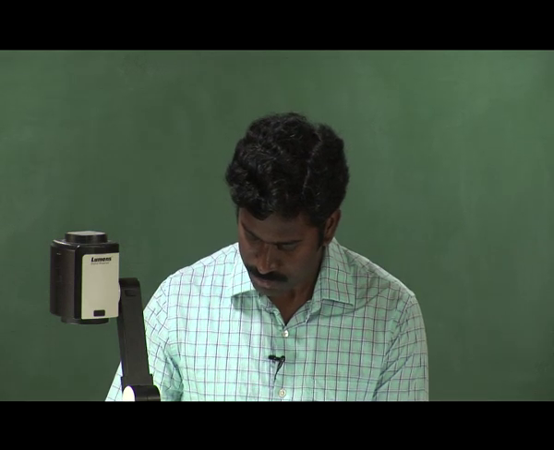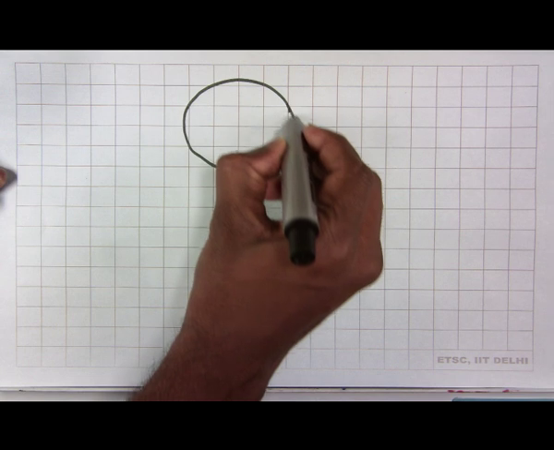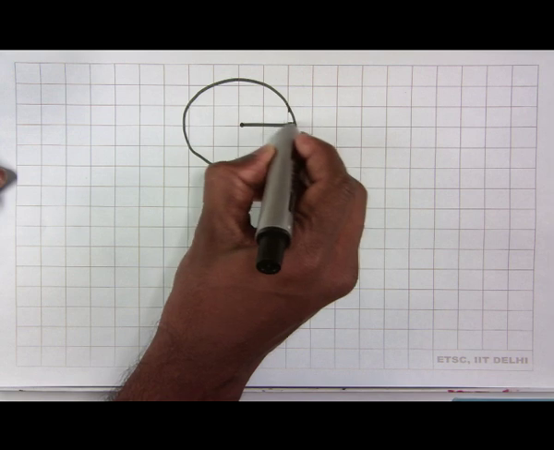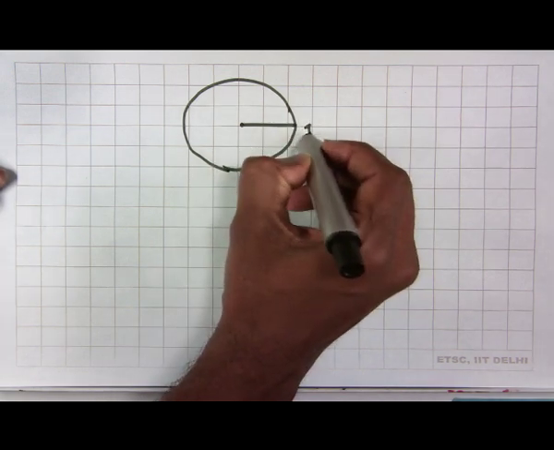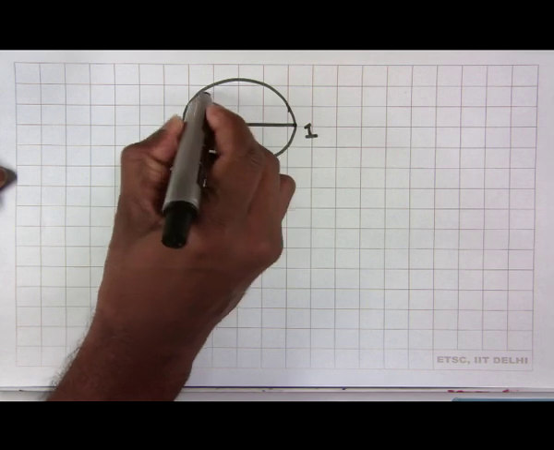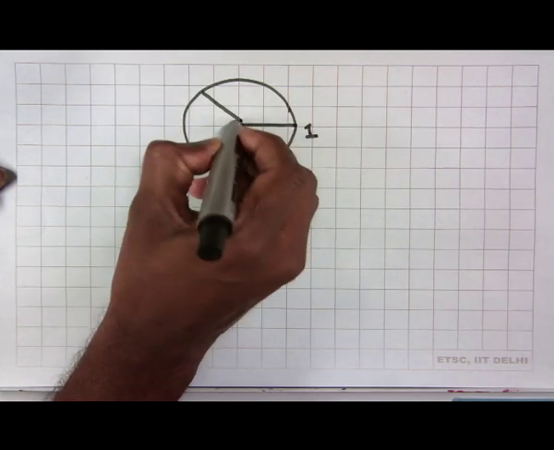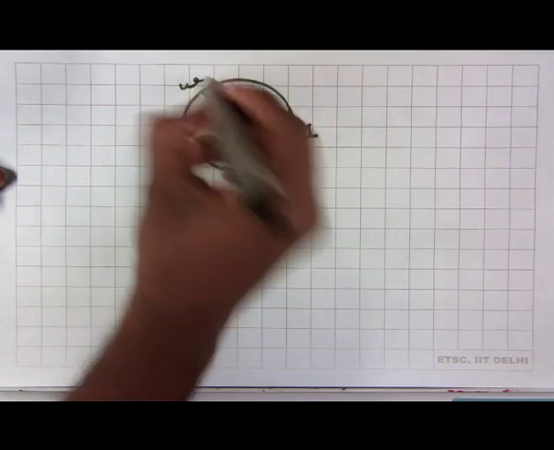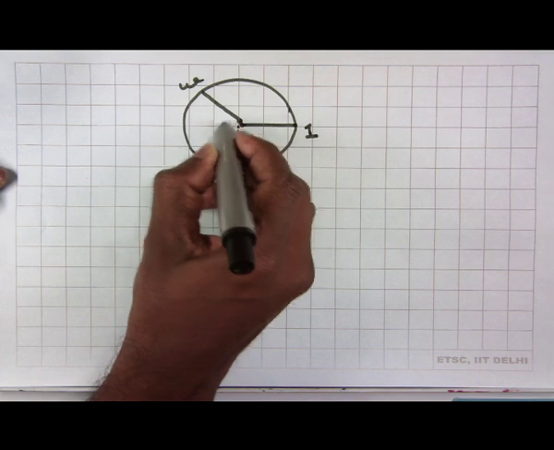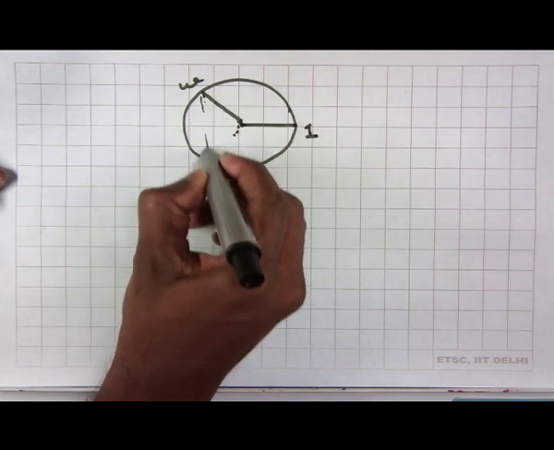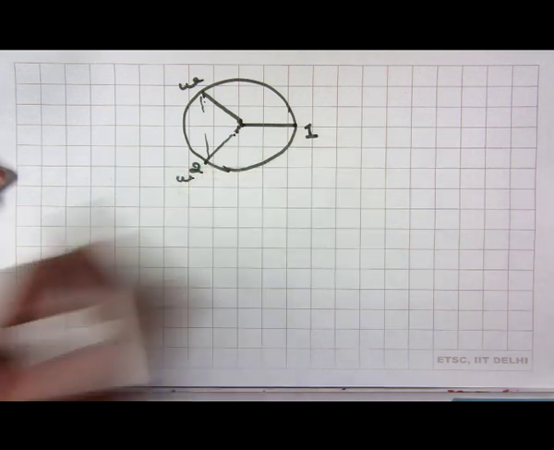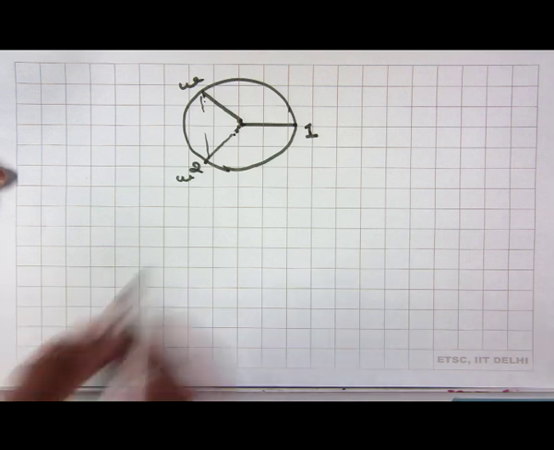When we take the unit circle, we place 1 here and omega at a 120 degree angle to the positive real axis, and if we rotate the same vector by 120 degrees, we get omega square.